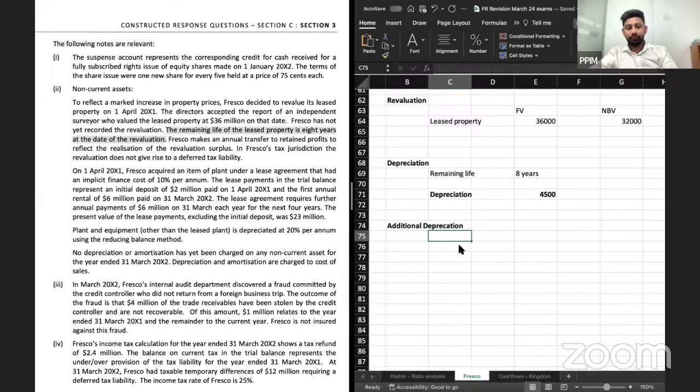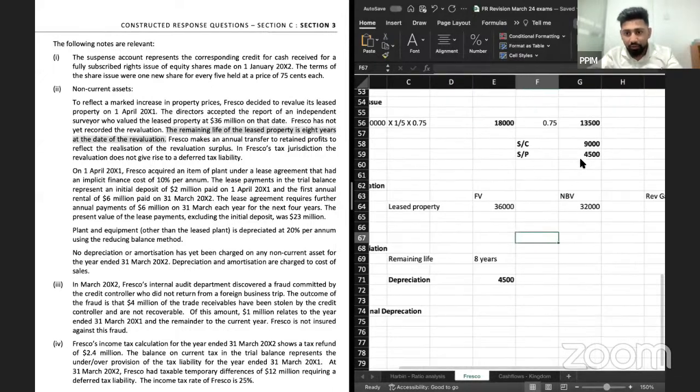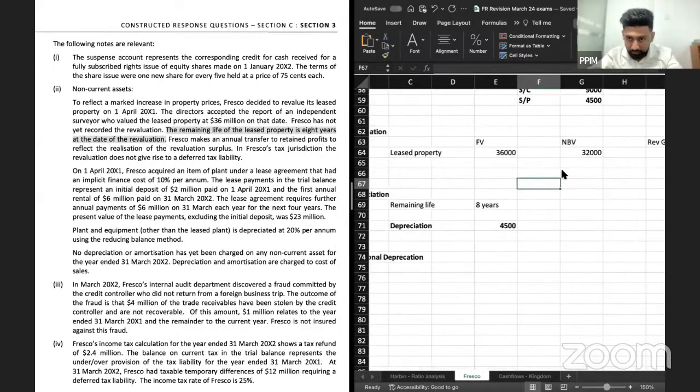Your value was 32,000 earlier, now it's 36,000, correct? There is an increase in the value of the property. Because the value is going up, do you see that there is additional depreciation?